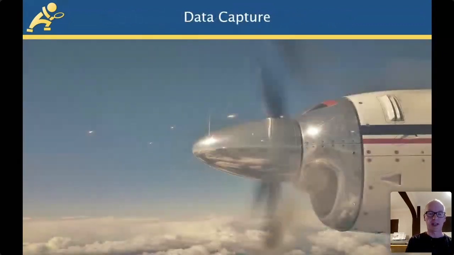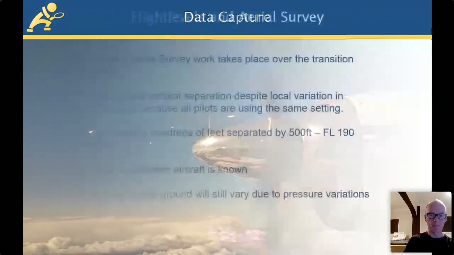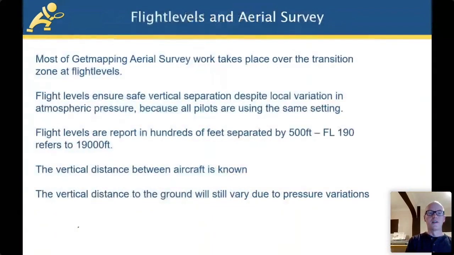So data capture, how do we go about it on a typical day? So most of our survey work takes place over the transition zone at flight levels. This is with the airspace designated and controlled by the air traffic authorities, where aircraft are separated into flight levels by hundreds of feet. So the vertical distance between the aircraft and the ground is known.